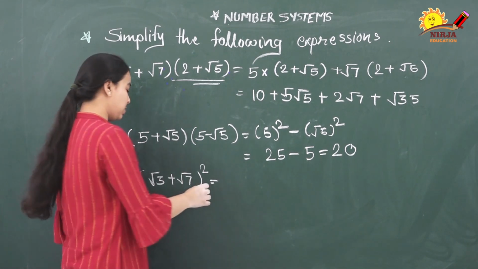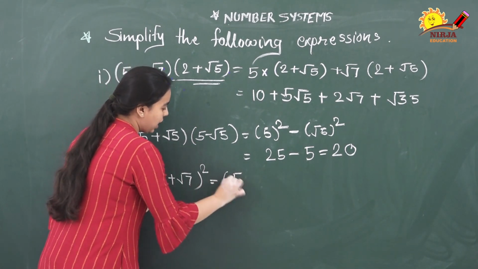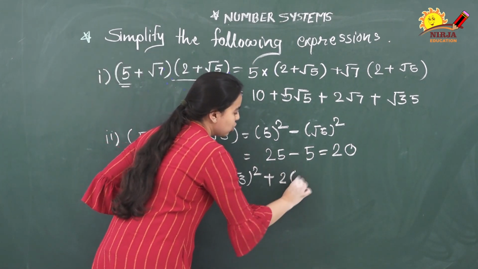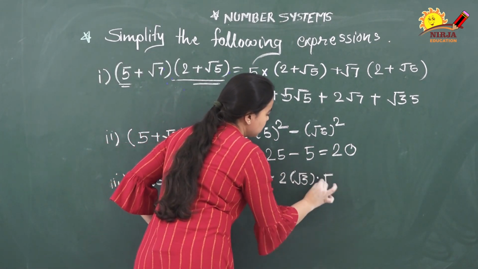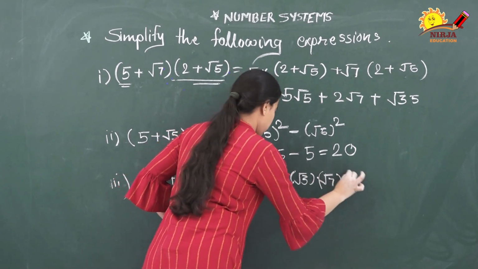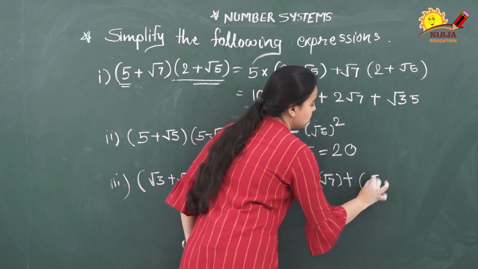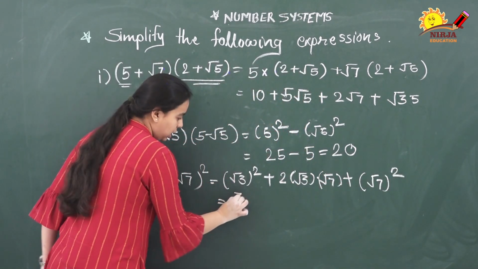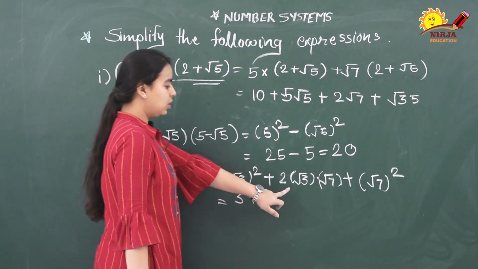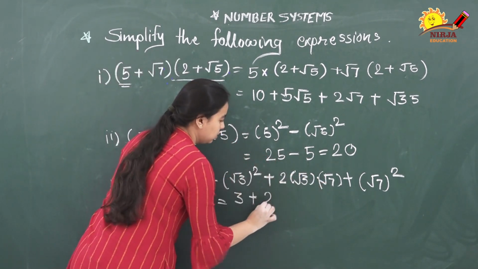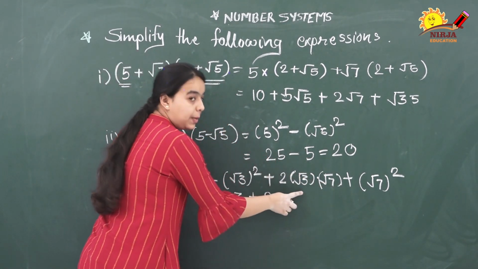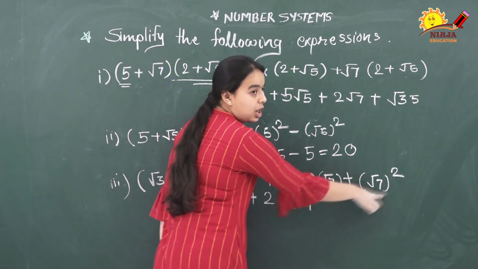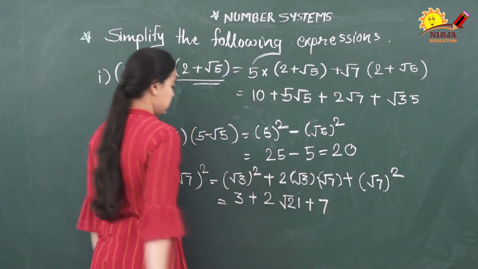Let us apply the same equation over here. a², that is (√3)², plus 2ab, that means 2 into √3 into √7, plus b², that means (√7)². (√3)² is 3, plus 2√21, since √7 multiplied by √3, 3 sevens are 21, so √21, plus (√7)² will be 7.